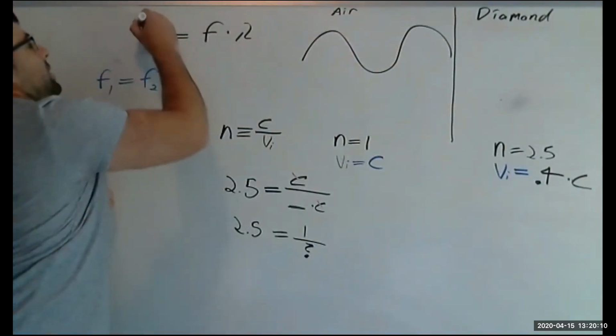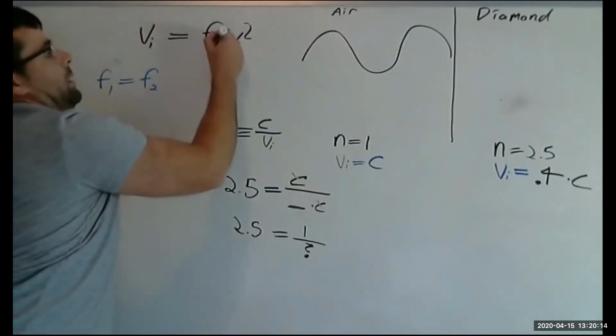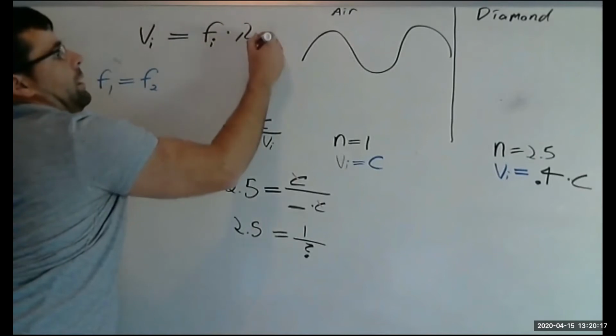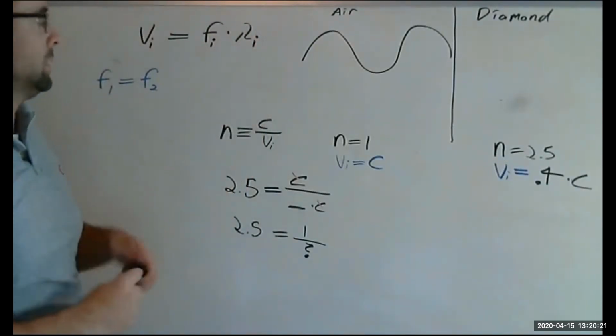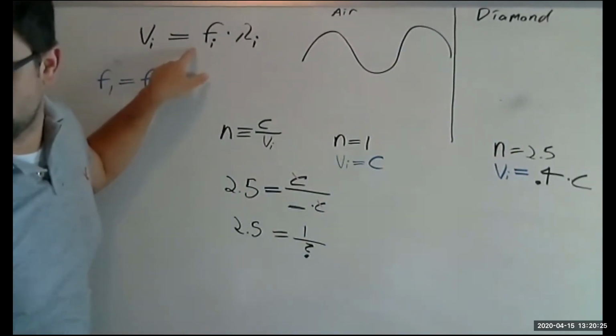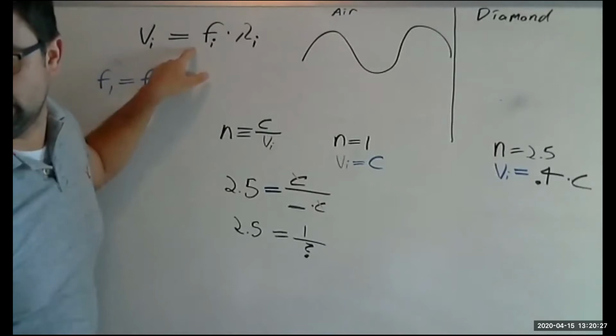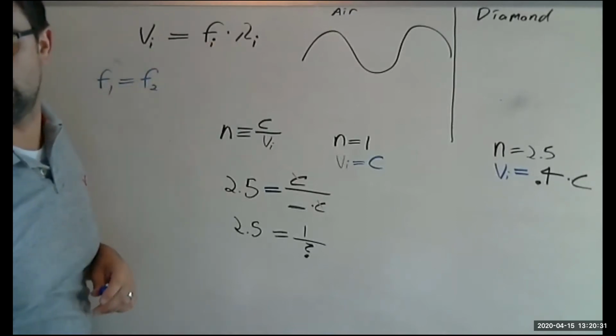So the velocity in some material is equal to the frequency in that material times the wavelength in that material.